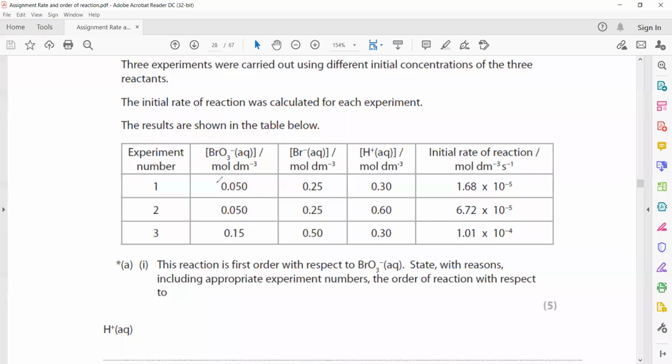So which two experiments can you compare? We want to show with a reason that it is first order with respect to BrO3.